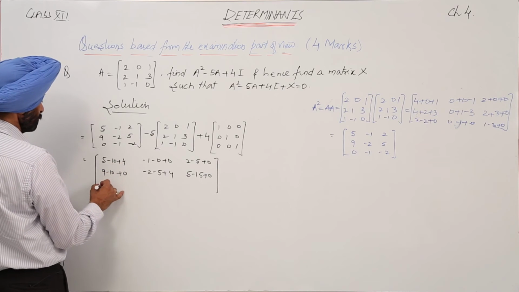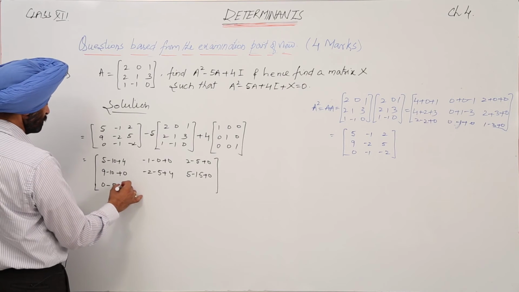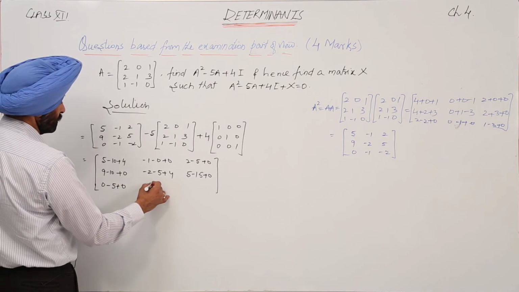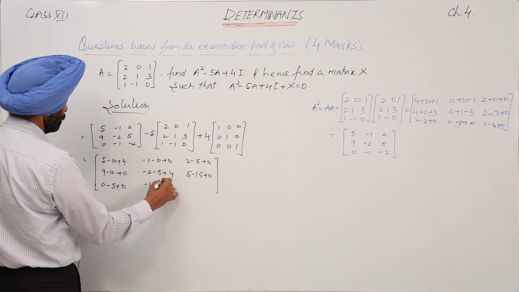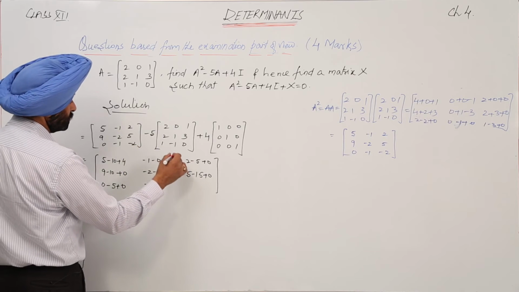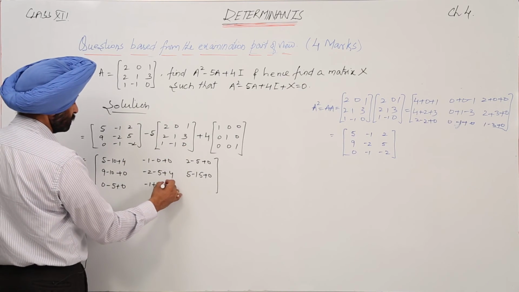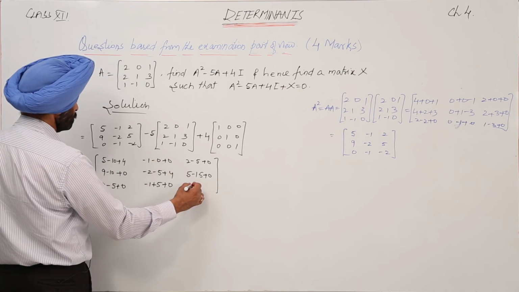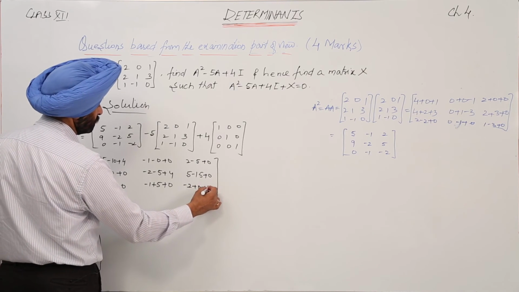Last row: 0 minus 5 plus 0, then minus 1 plus 5 plus 0, and finally minus 2 minus 0 plus 4.